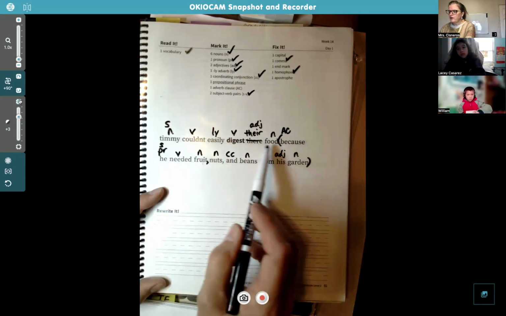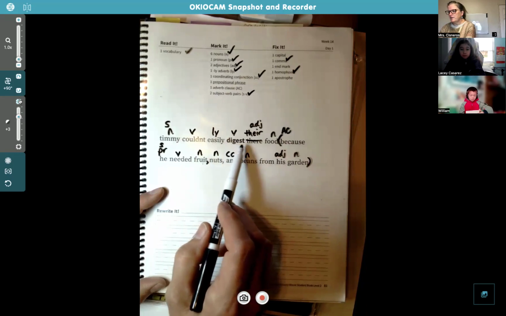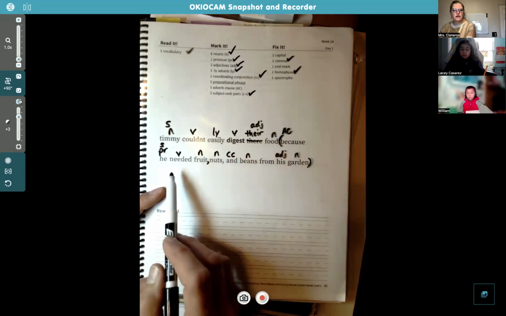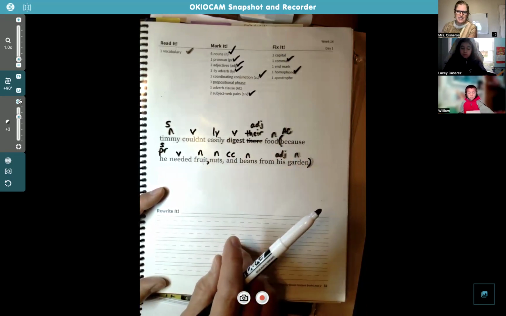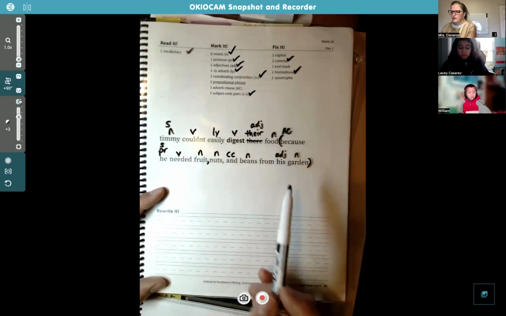So this first part would be considered the main clause. Timmy couldn't easily digest food. That's the main clause. And then they added an adverb clause, because he needed fruits, nuts, and beans from his garden. So that gives it a little bit more detail, not just the simple main clause there.